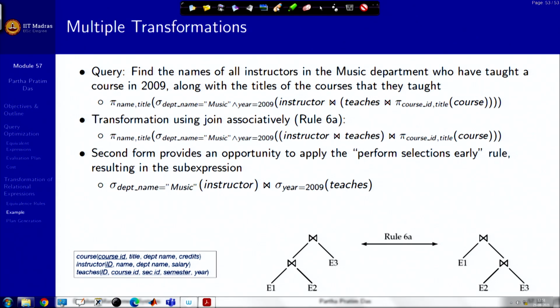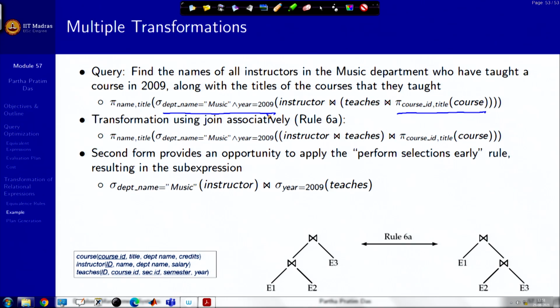The other query: find the names of all instructors in the music department who have taught a course in 2009 along with the titles of the course that they taught, we saw this. So, this remains the same. Here you have two conditions, a conjunction of conditions.